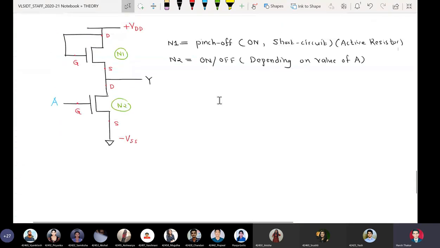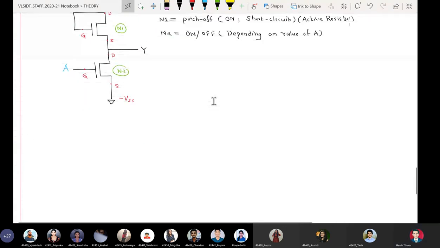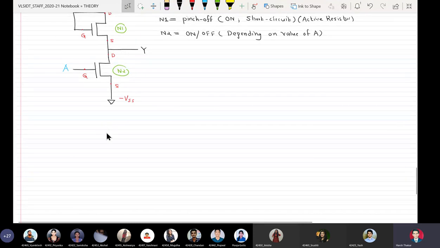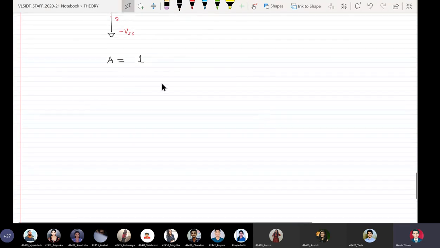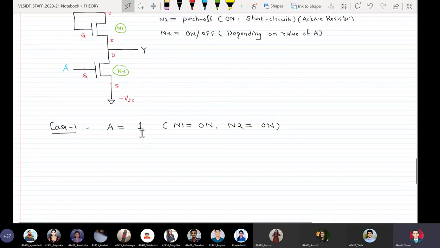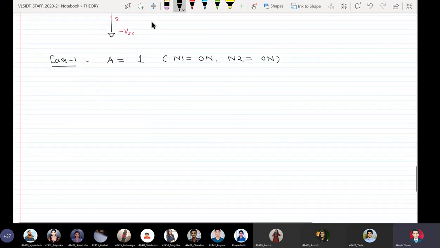So for A equal to logic 1, we can redraw the circuit. Case 1: A is equal to 1, so N1 is on and N2 also will be on, correct? If I apply A equal to 1, gate equal to 1, NMOS is an active high device, it will become on. So the equivalent circuit will become like this.